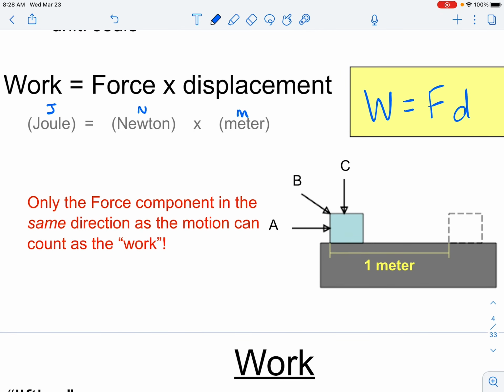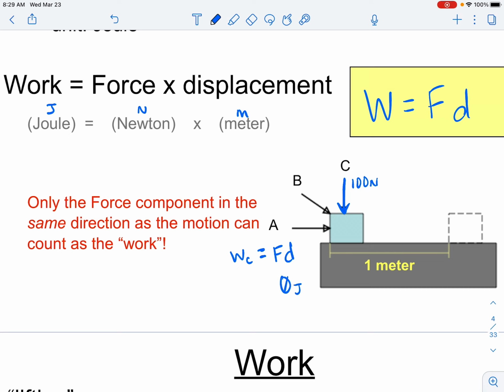So remember that if we apply a force downward onto the box, even if that force is 100 newtons, if we are looking at how much work is being done by force vector C, this force times displacement is going to give me a value of 0 joules.